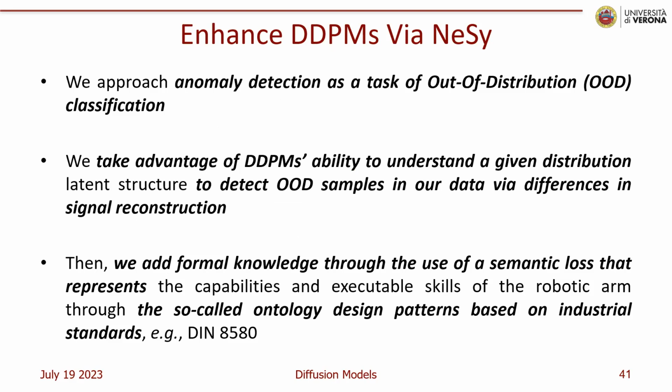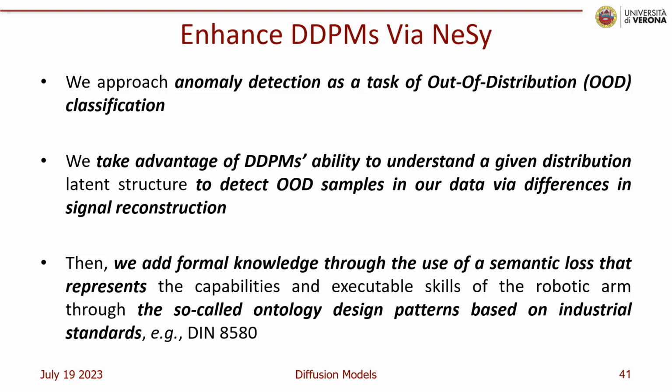And specifically, we add formal knowledge to our model through the use of a semantic loss that represents the capabilities and the skills of the robotic arm through the so-called ontology design patterns based on industrial standards.